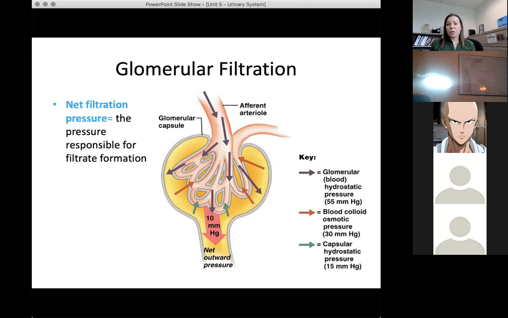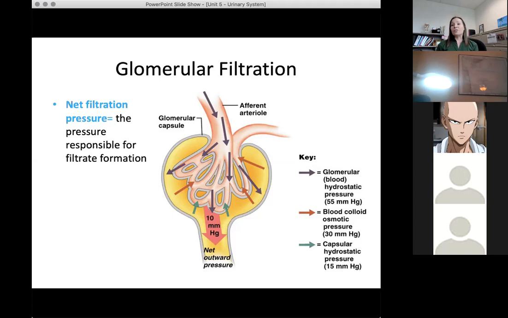That pressure is usually about 55 millimeters of mercury. Millimeters of mercury, mmHg, are the units used for pressure. There are two inward pressures, which push in the opposite direction and would prevent the formation of filtrate.